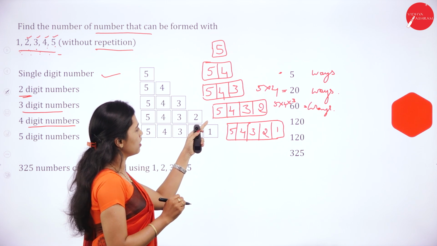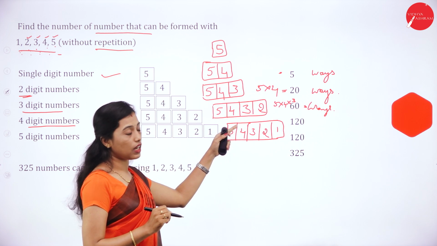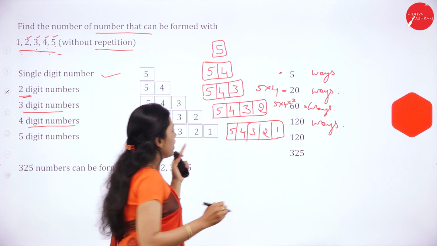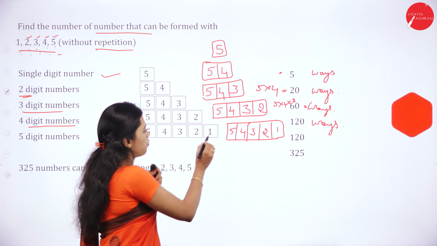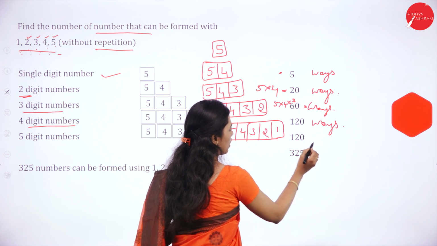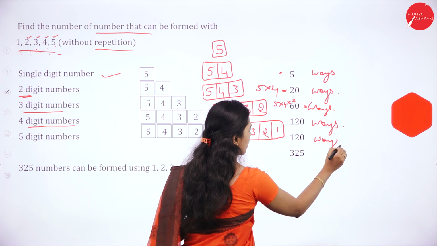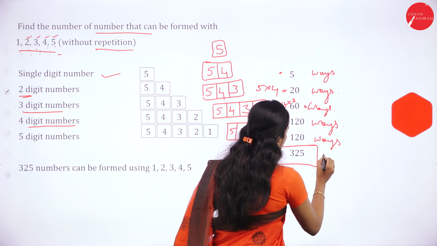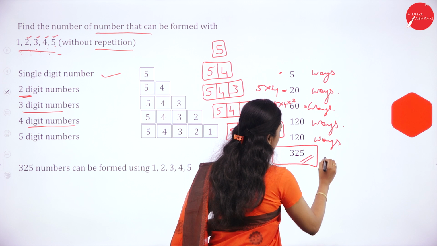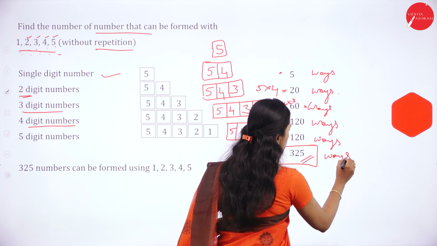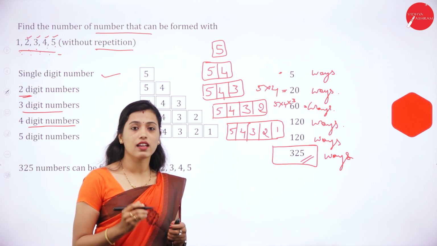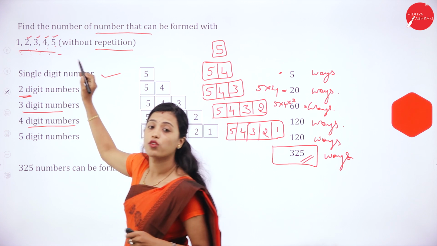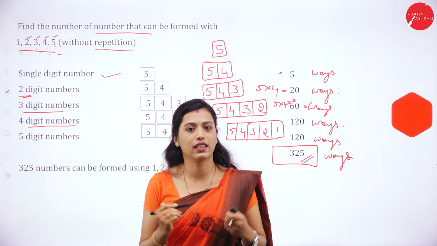Then 4 digit numbers is 5 into 4 into 3 into 2. It is 120 ways. And 5 digit numbers, it is 5 into 4 into 3 into 2 into 1. It is 120 ways. So we can totally frame 325 ways. We can arrange 325 ways with using 1, 2, 3, 4, 5 numbers without repetitions.